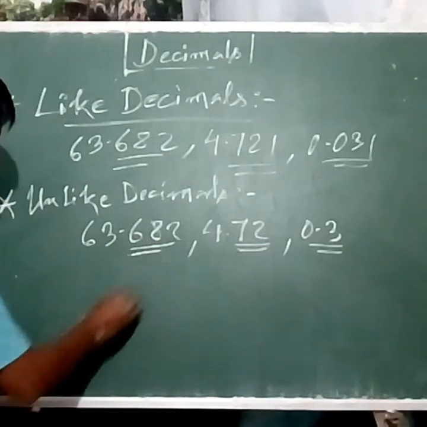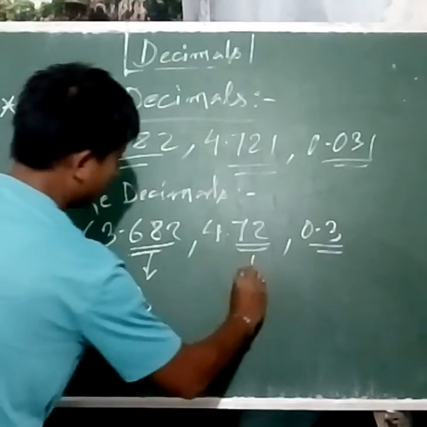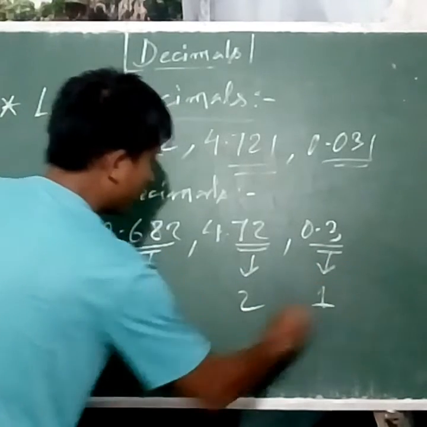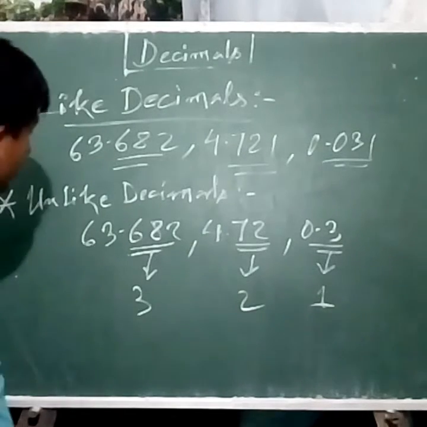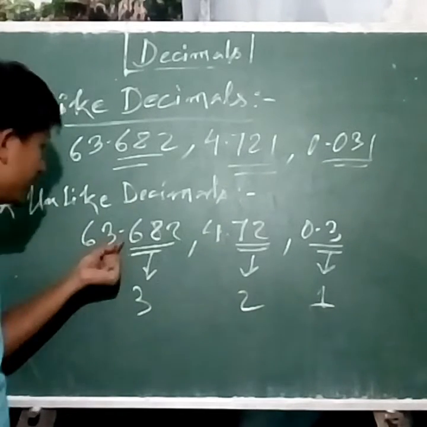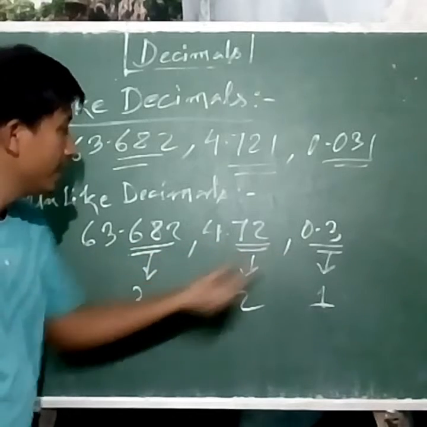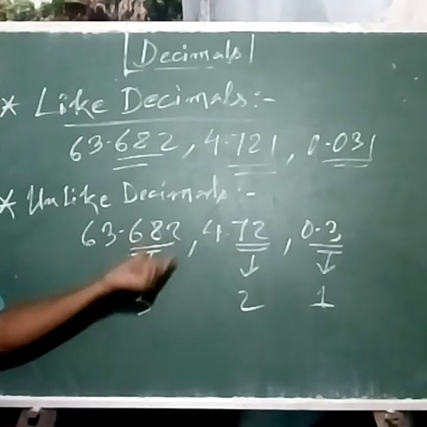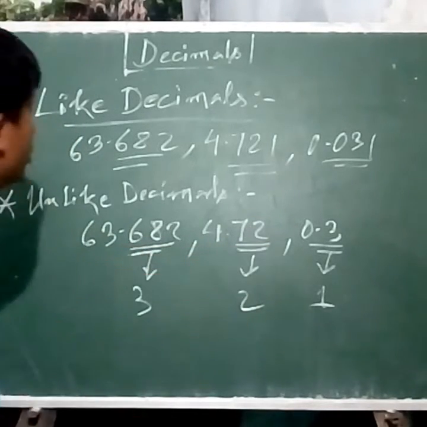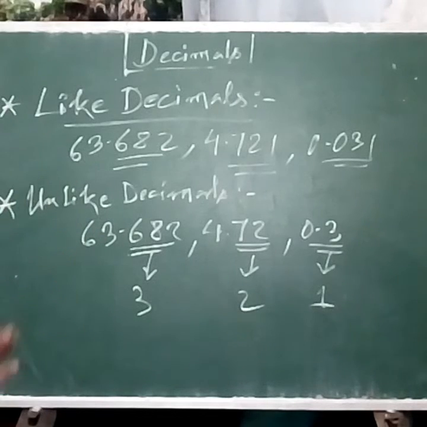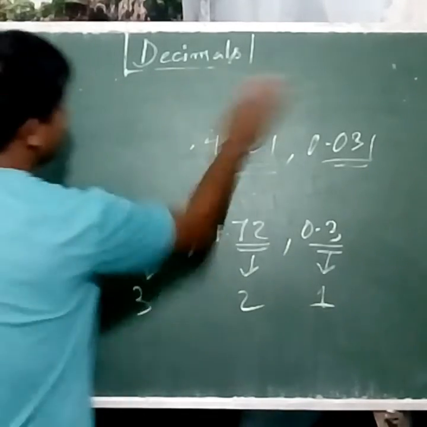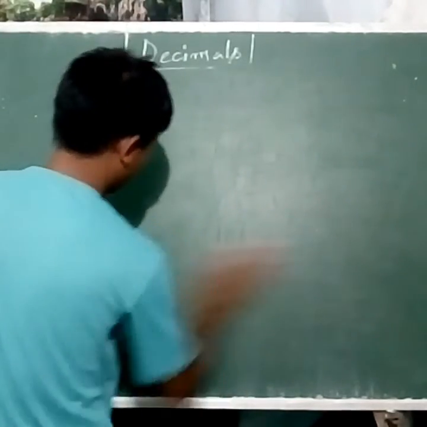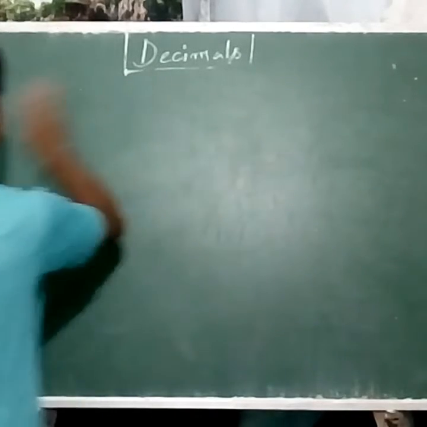Up to how many places? Up to 3, here 2, here 1. This is unlike, because after the decimal point all are not the same. Here 3, here 2, here 1. So these are unlike decimals. If you have any doubt, you can ask in the comment section.